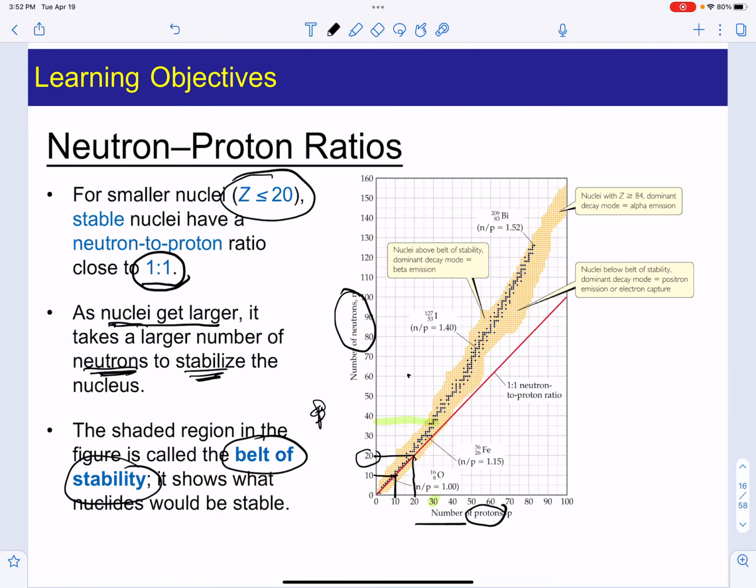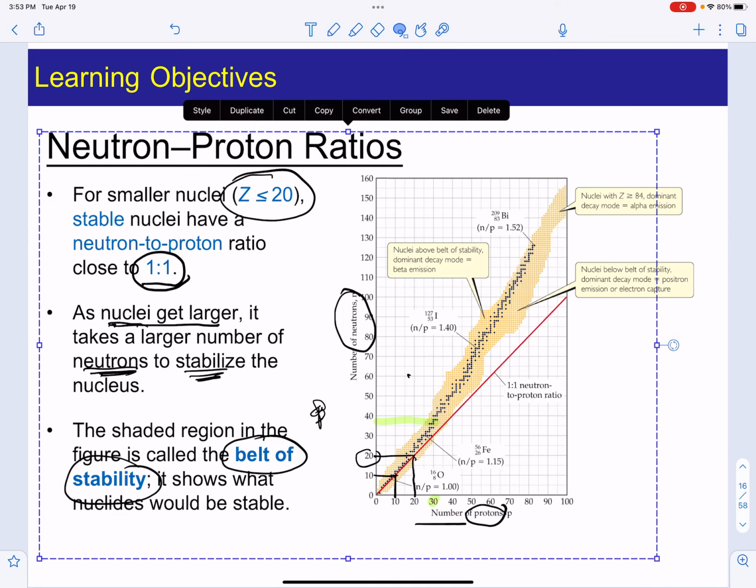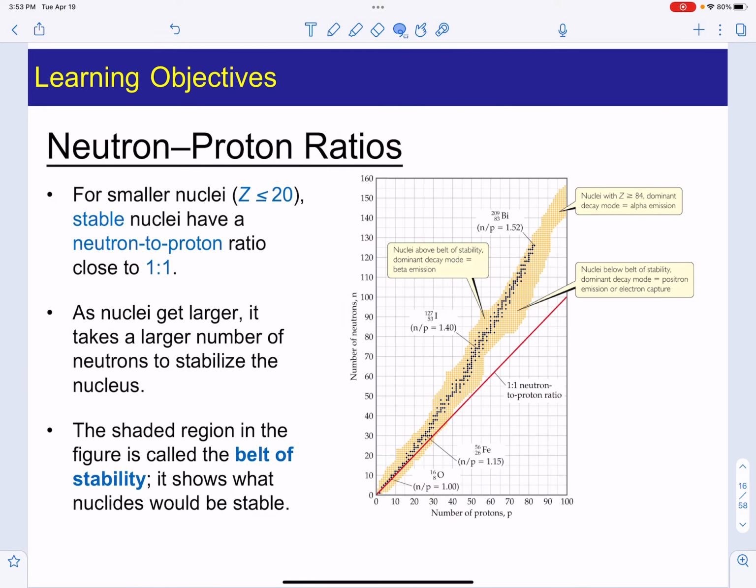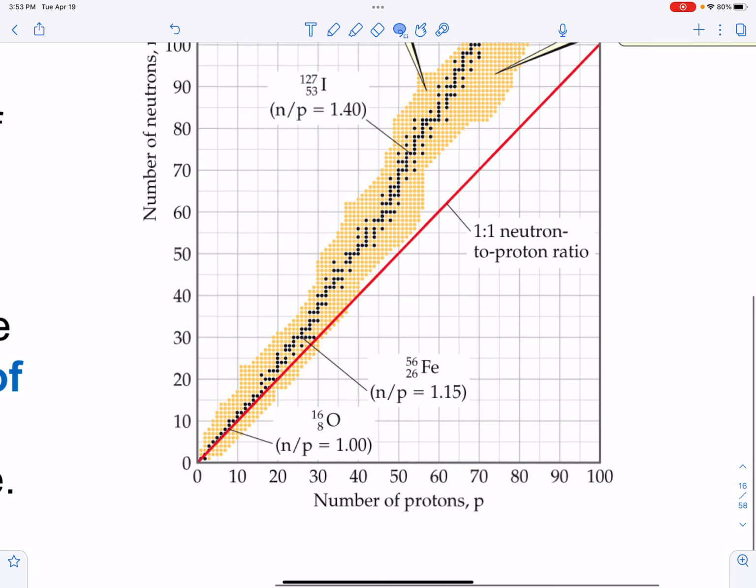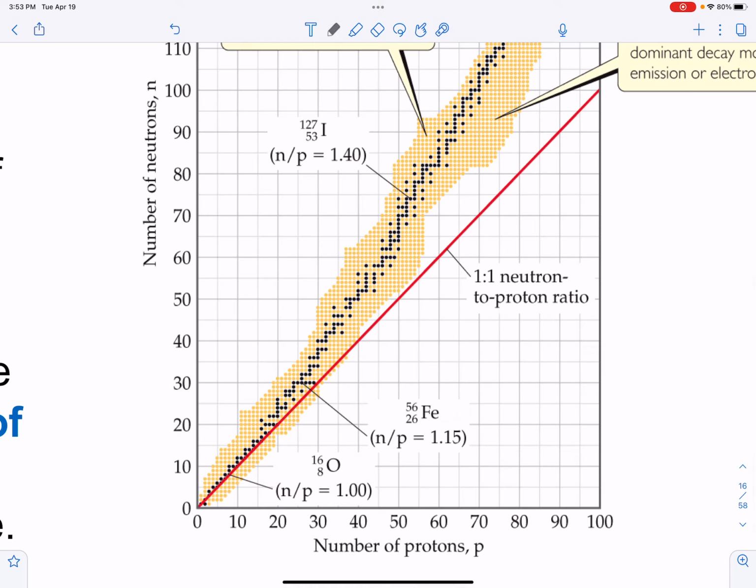Let me clear this a little bit and see if it falls in there or not. 39 is going to be around there, and 49 is going to be around here.